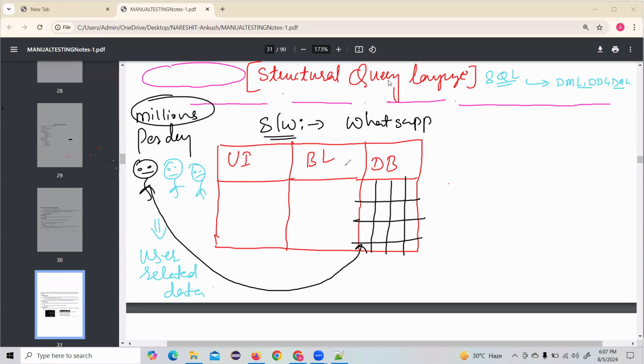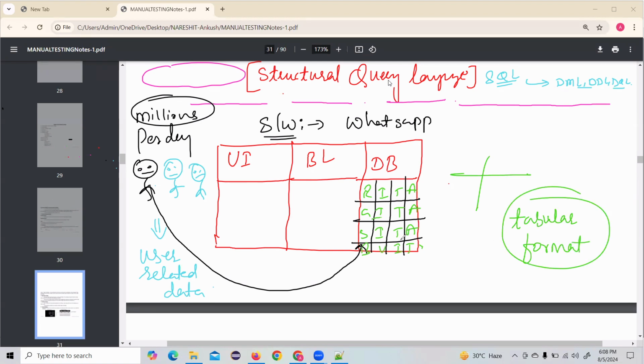In the form of what? In the form of rows and columns, for all the users, Rita, Geeta, Sita, and so on. So many users are there. All user related information is stored in the database layer in rows and columns, which is called tabular format.